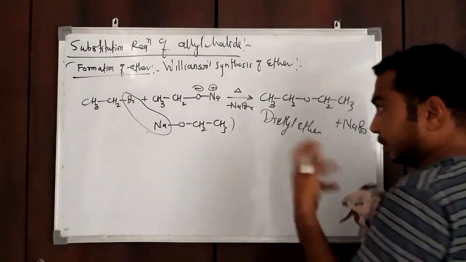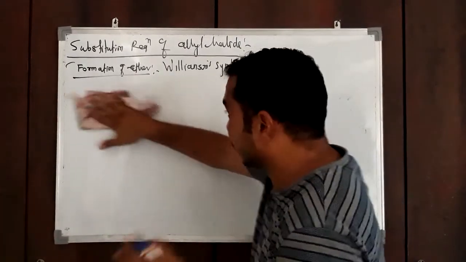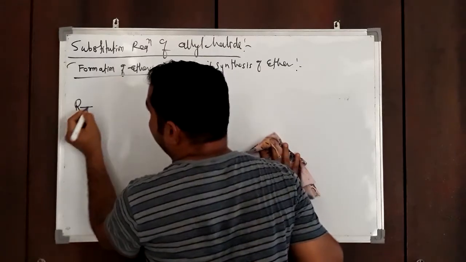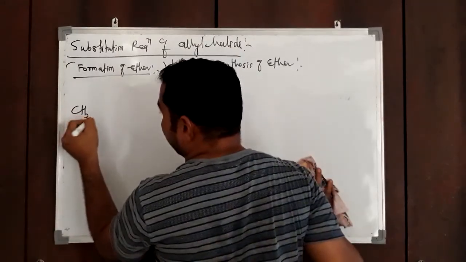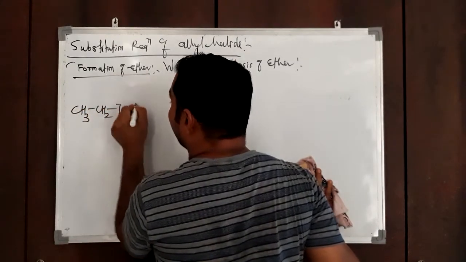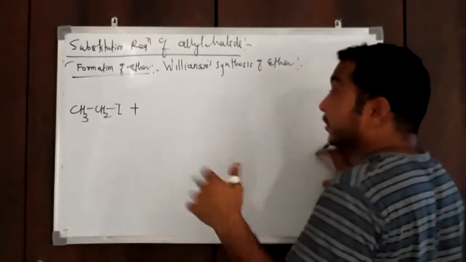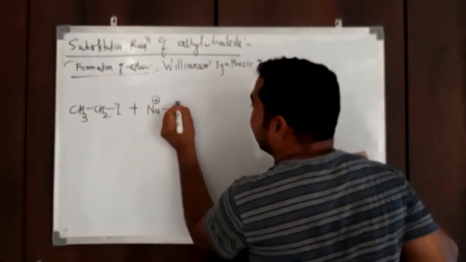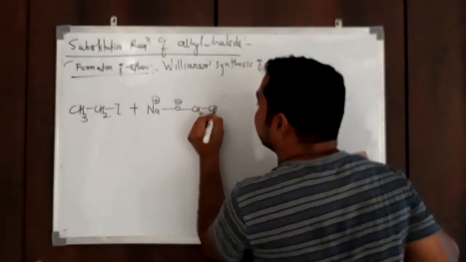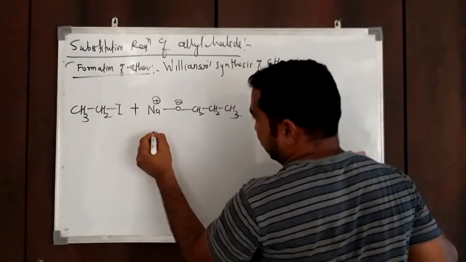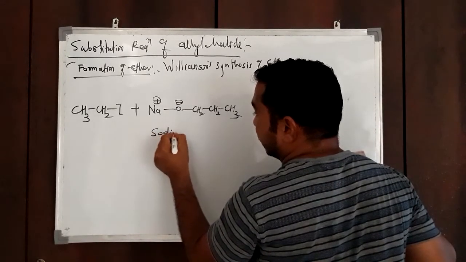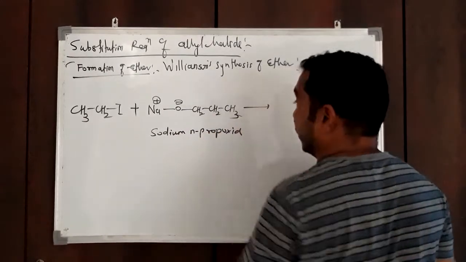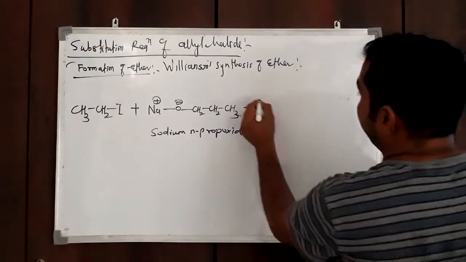Okay. If we want mixed ether, mixed means the two alkyl groups are different, then that is called mixed ether. How? Take one molecule of alkyl halide, for example ethyl iodide, and react with an alkoxide having a different alkyl group than this, sodium ethoxide. Take any different alkyl group. Suppose sodium n-propoxide, from n-propyl alcohol, and heat it.